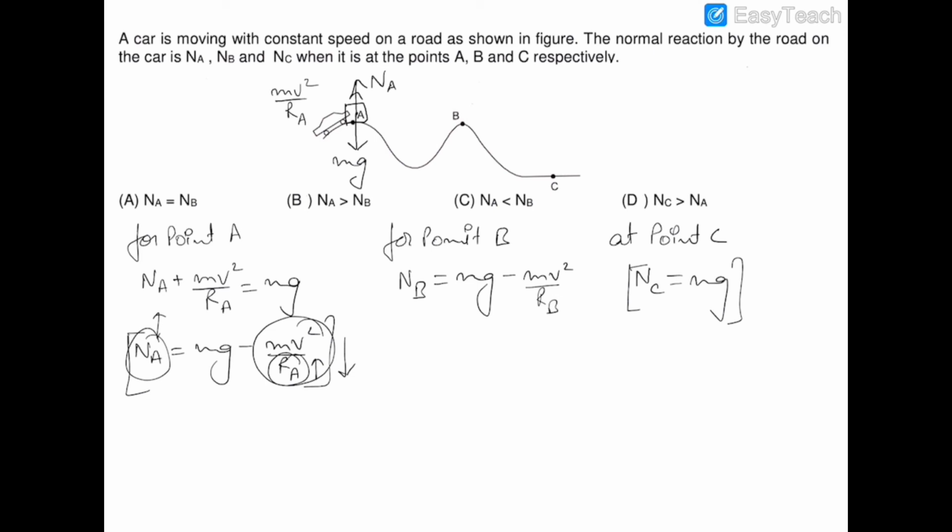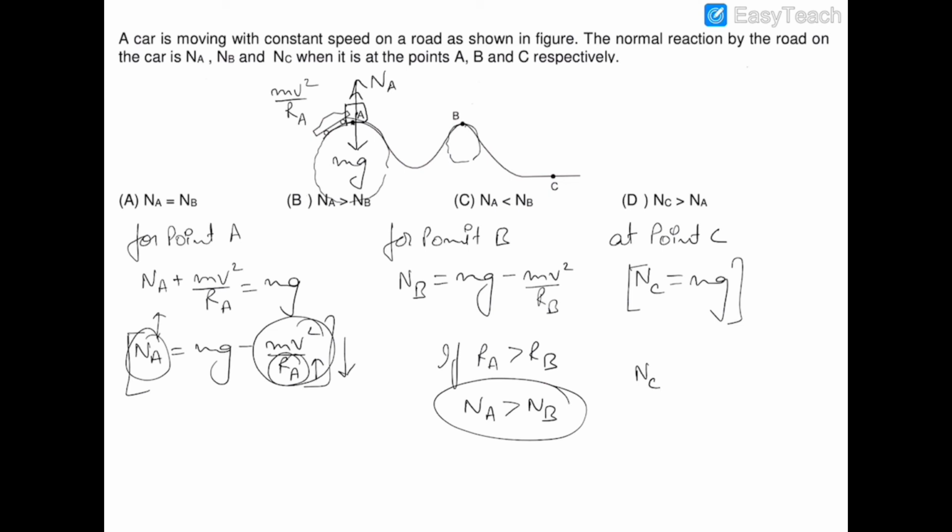You can also see that the curvature of B is greater than the curvature of A, and therefore the radius of A is greater than the radius of B. So if RA is greater than RB, therefore we can say that NA will be greater than NB, as well as this NC will be the highest, because there is no term apart from mg.